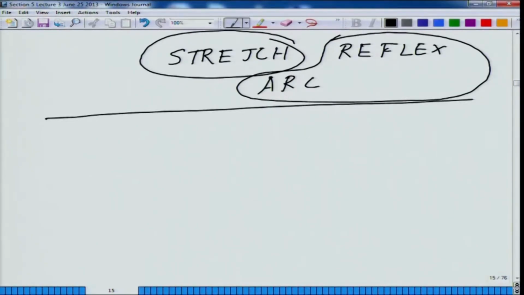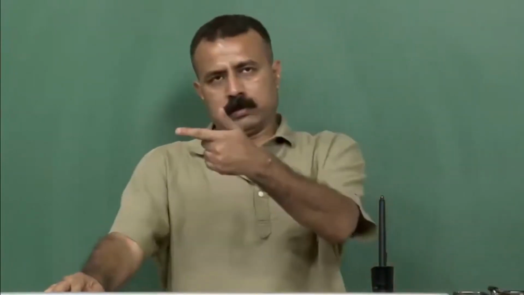In order to do so, you need 2 or 3 specific components. The first component is that your muscle should have a sensor which could sense that there is a change in the length of muscle. This is very, very important. The second thing the muscle needs is that a signal should be transmitted to the circuit, the processing unit.